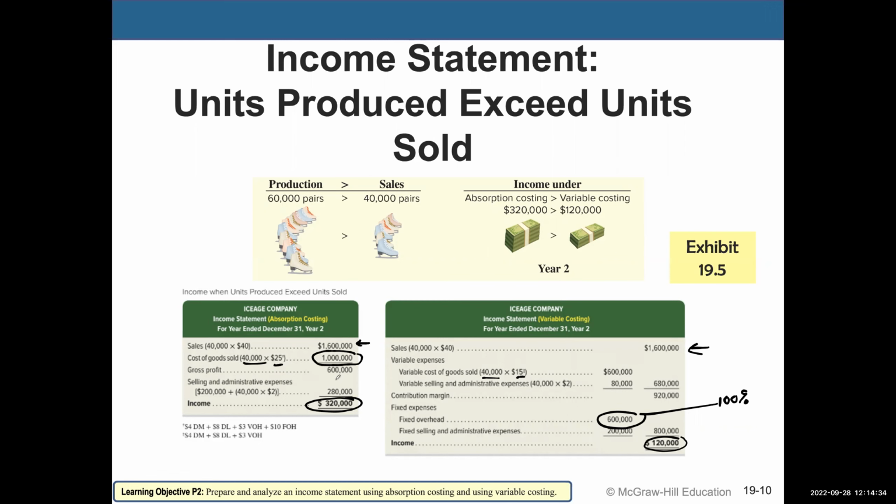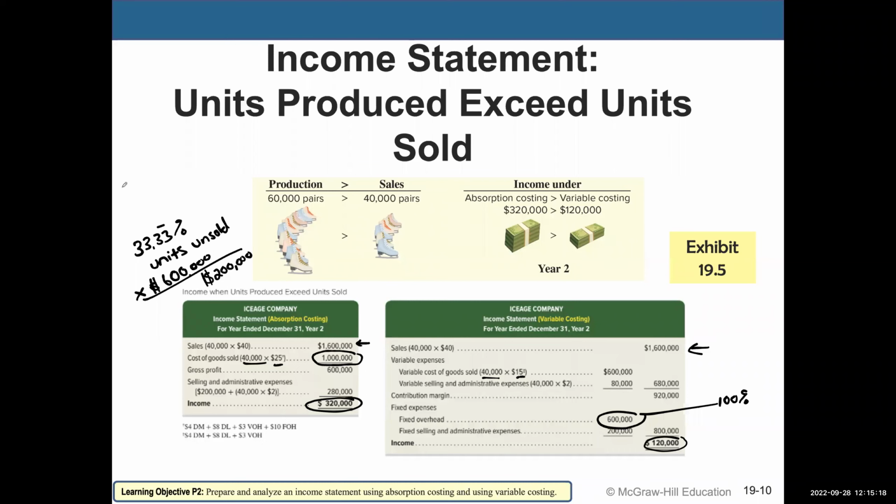If you'll remember, it was 20,000 units unsold. 20,000 out of 60,000 units means there's about 33.33%, I'll round, units unsold. And under absorption costing, when things are not sold, that means that those inventory items are carrying their share of that 600,000. So I could multiply that 33.33% by 600,000. And this means there is 200,000 of expenses not on this income statement.